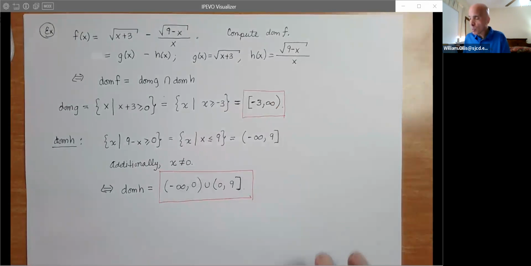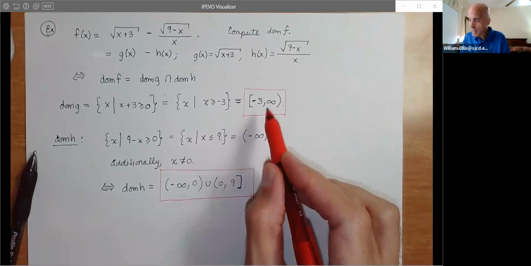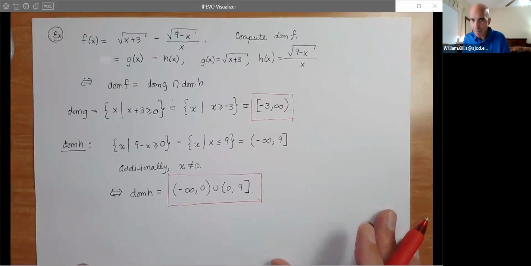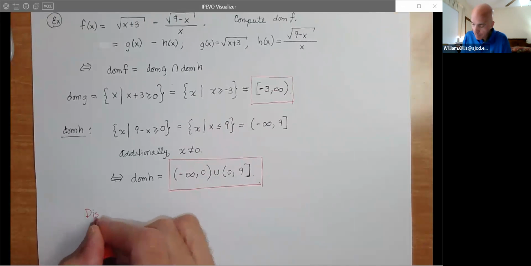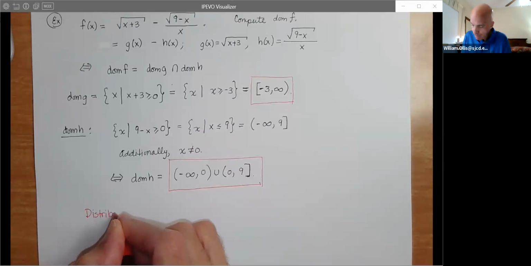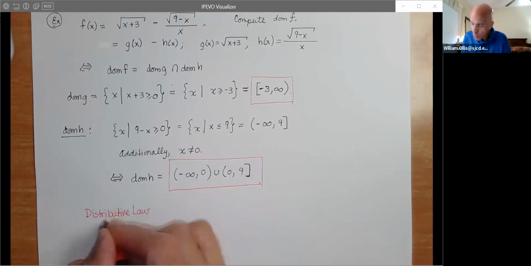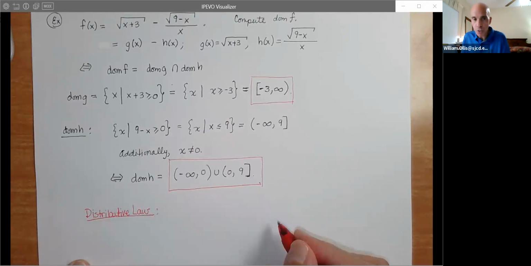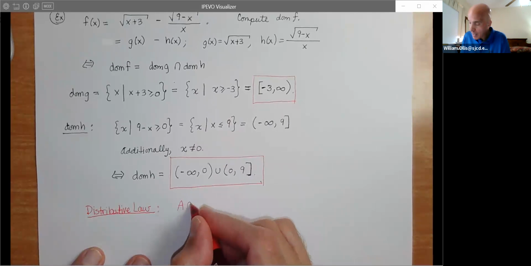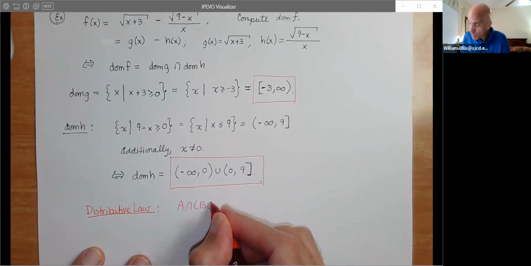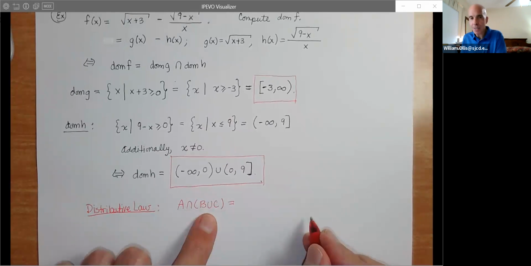Now, there's a little rule that we can use here, and it's called the distributive law, because we're going to intersect this, and I want to show you that. This is called the distributive law for sets. You don't always have to use it, but it certainly kind of keeps you honest when you do these. If you are thinking about sets, we can say A intersect B union C. This is like multiplication distributing over addition.